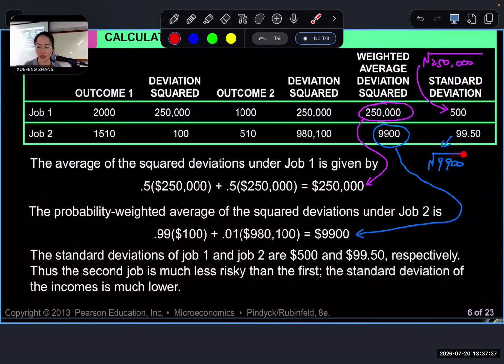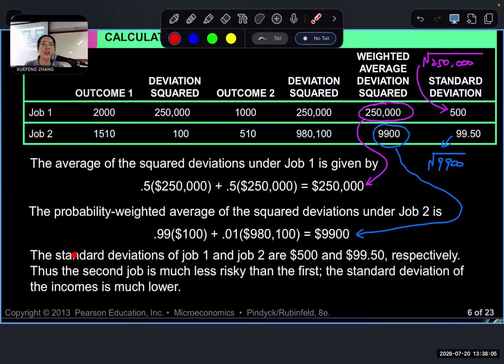And then you take the square root and you'll get 99.50, right? So the standard deviations of job 1 and job 2 are 500 and 99.50 respectively.